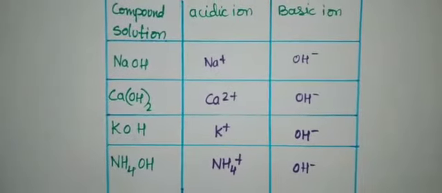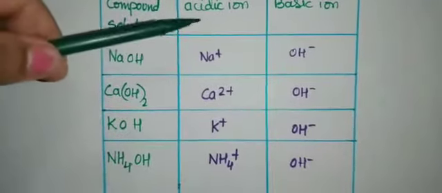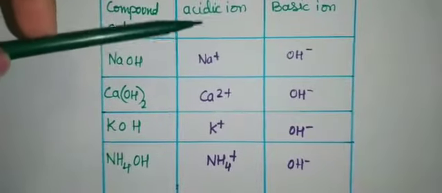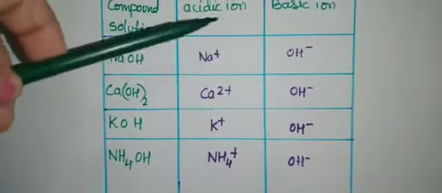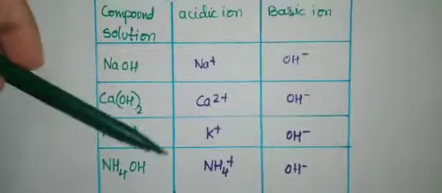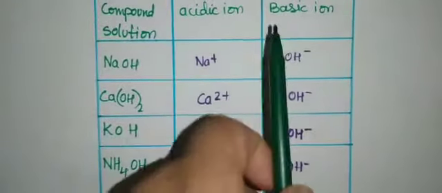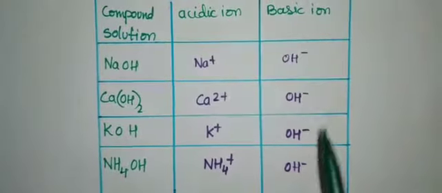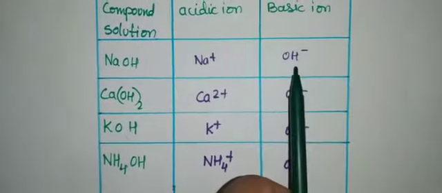As we saw in the acidic solutions, the cation was H plus only. If the contents of the solutions have H plus ions, then we call the solution acidic. And here, all the basic solutions have one thing in common, that is OH minus, right?